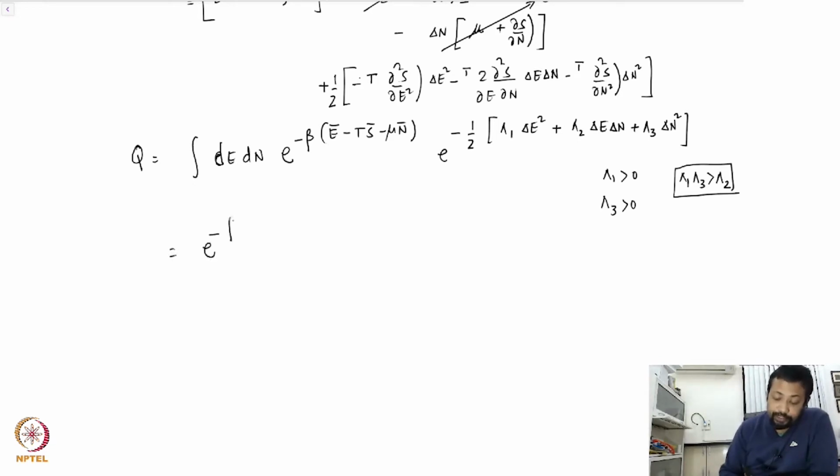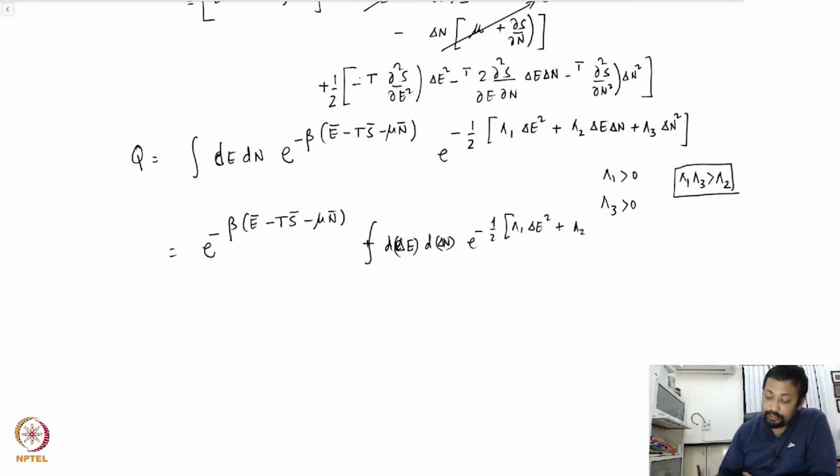So this becomes e to the power minus beta E bar minus T S bar minus mu N bar, integral dE. One can now convert it to d of delta E, d of delta N, because this is a shift of variables, e to the power minus half lambda 1 delta E square plus lambda 2 delta E delta N.